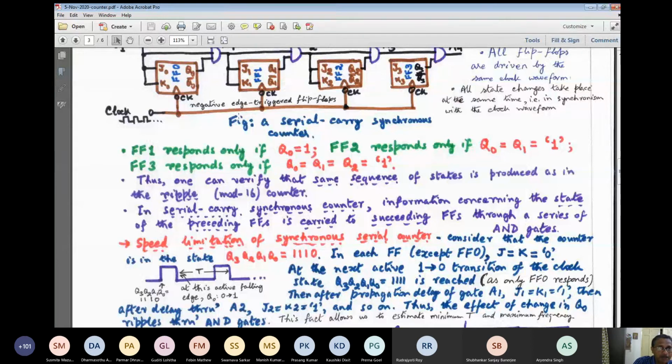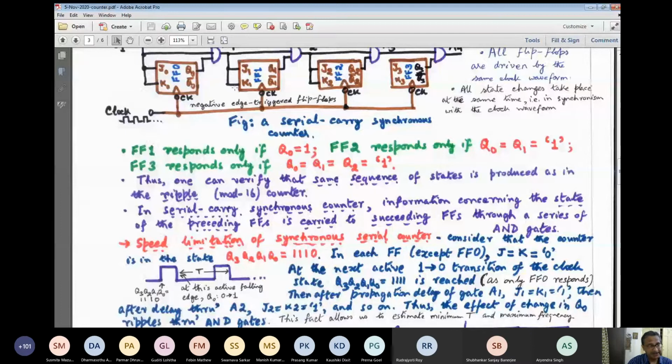So you see, what are the events that should take place between this 1 to 0 transition and the next 1 to 0 transition? First is the propagation delay of this leftmost flip-flop, and the propagation delay through this AND gate and this AND gate. So essentially n-1 AND gates.